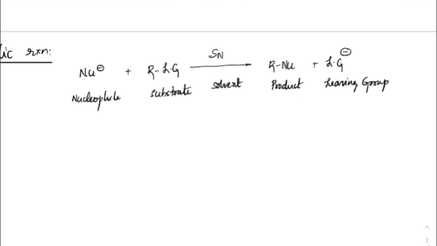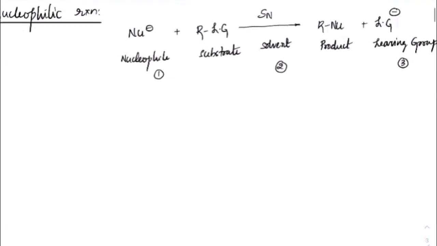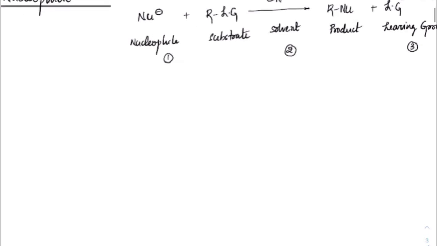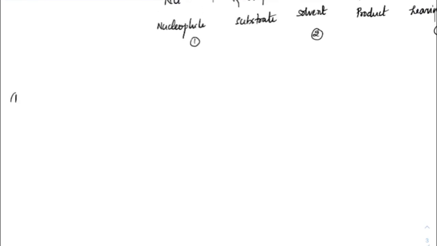So we'll go one by one and try to understand each and every term here. First, what is the importance of the nucleophile, then the importance of solvent and leaving group. This is something which you need to be clear about. So first, let us start understanding nucleophiles.